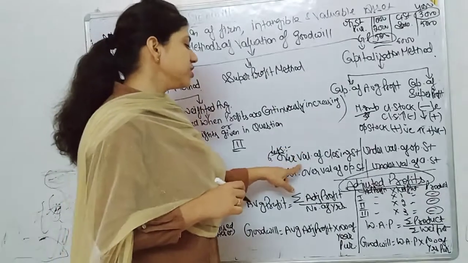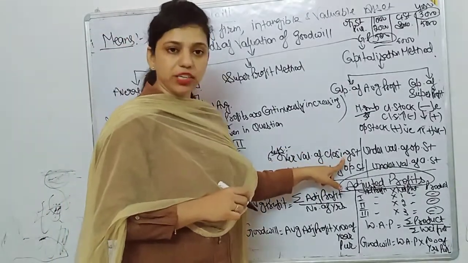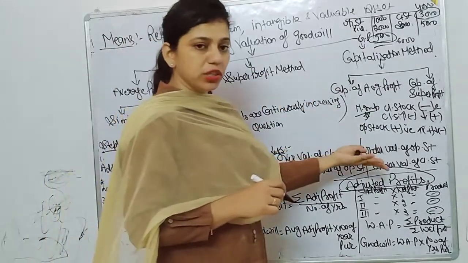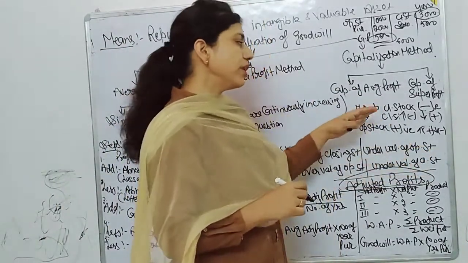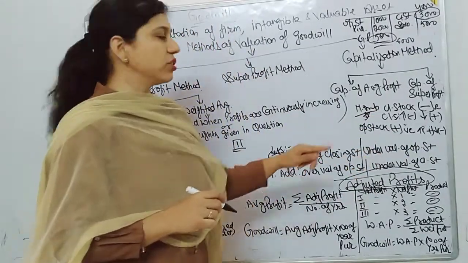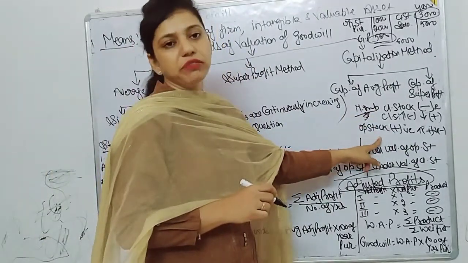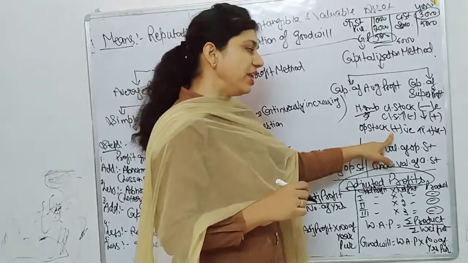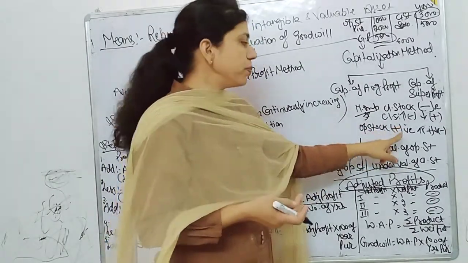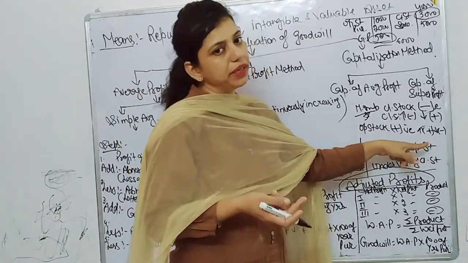So if there is overvaluation of closing stock, then it should be deducted, and the opposite of it, undervaluation of opening stock, should also be deducted. You can memorize it as a negative relation with closing stock and a positive relation with opening stock. What does it mean? If opening stock is overvalued, then it should be added. If opening stock is undervalued, then it should be deducted.